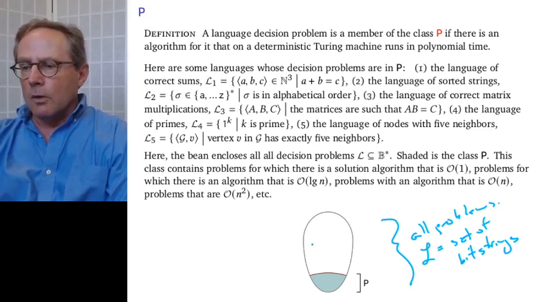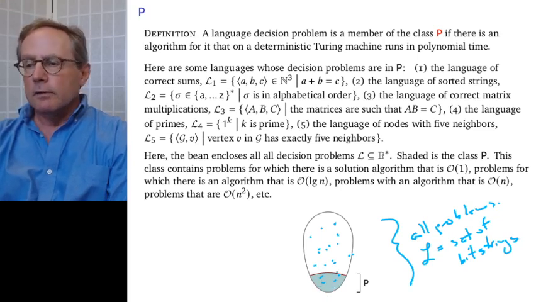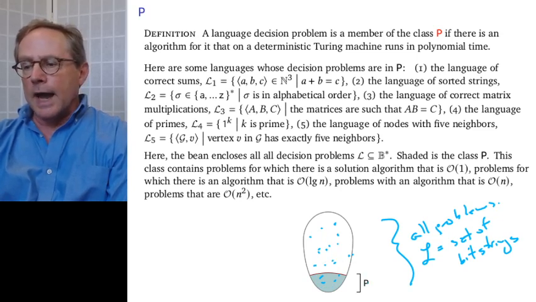Some of those problems have an associated algorithm that runs in polytime. For some of the problems, there is not an associated algorithm that runs in polytime. So what we have there is P.